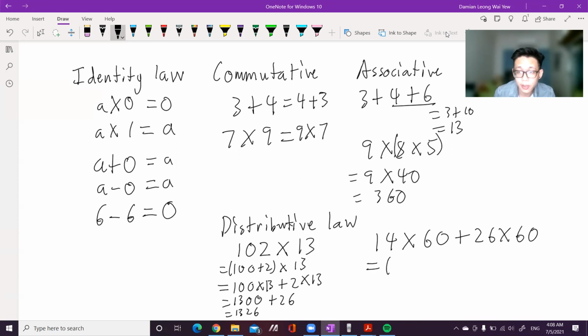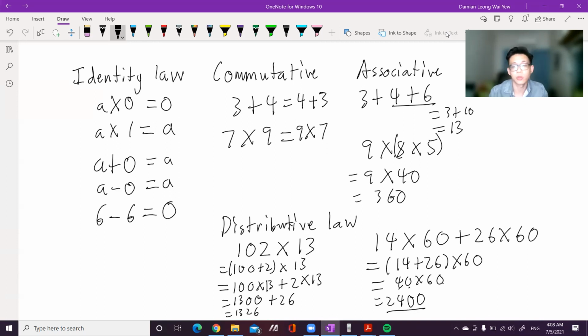I can combine the 14 plus 26 together, then only times 60. Then you'll be 40 times 60, which is easy to count. 4 times 6, 24. Put back the total number of zeros, 0, 0, 2,400. I'll use distributive law. Right? So basically that is all you need to know for chapter 1.